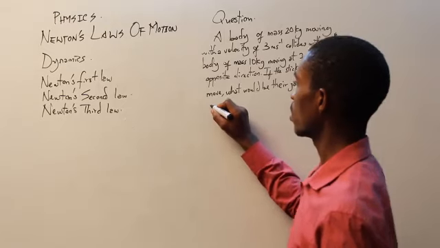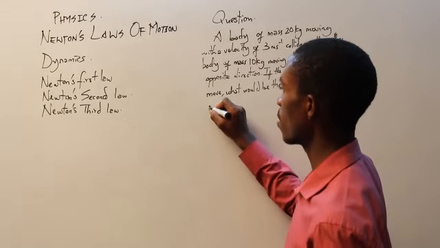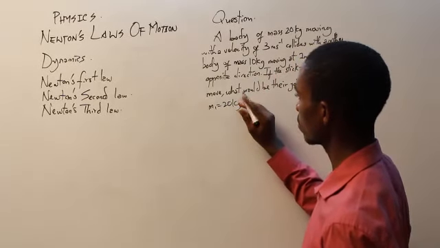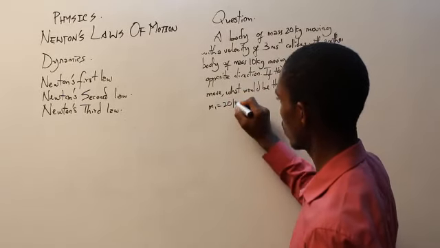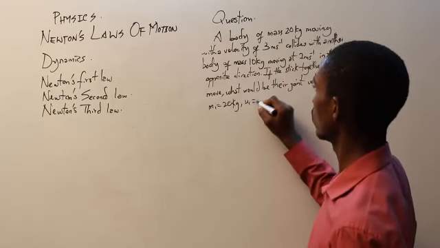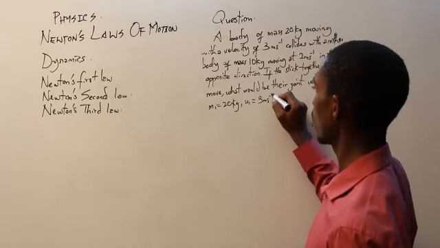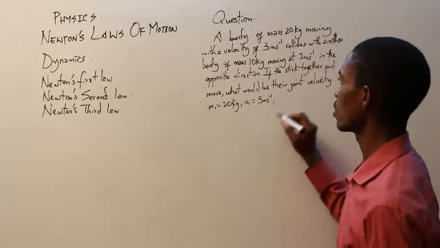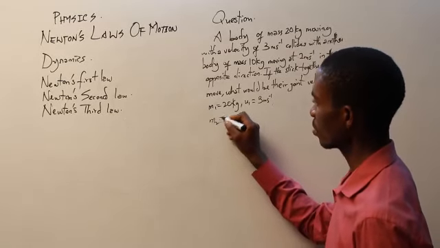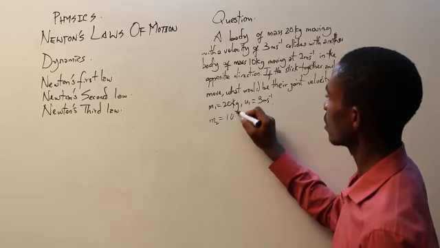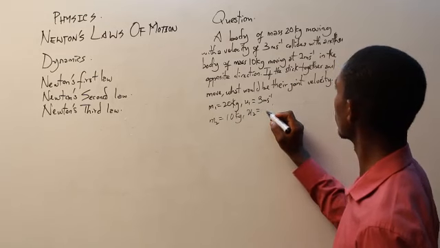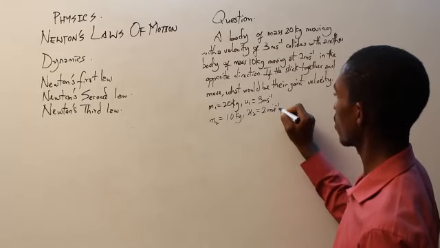The first body, let it be the ones, that's M1. It has a mass of 20 kilograms and a velocity U1 of 3 meters per second. The second body, M2, is 10 kilograms and velocity U2 is 2 meters per second.